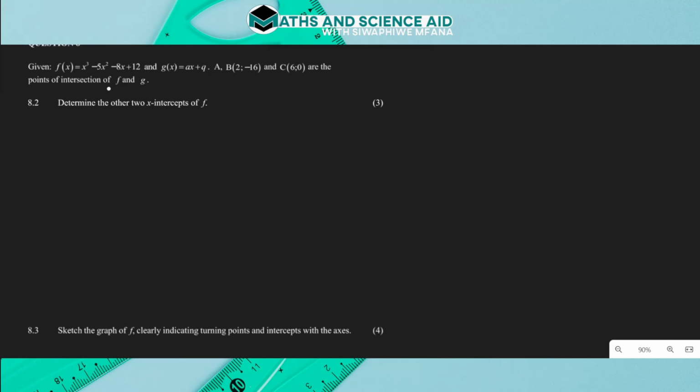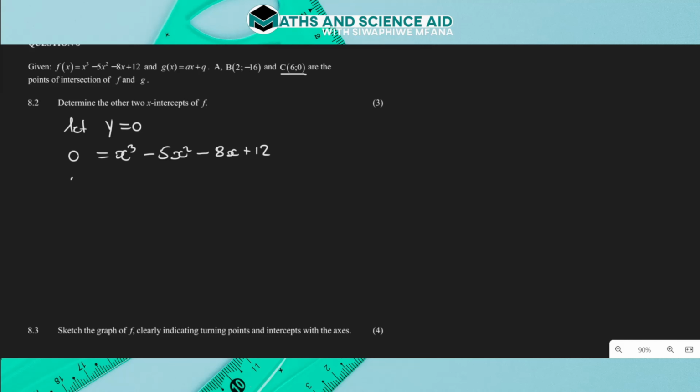Now, in 8.2, we need to determine the other two x-intercepts of f. Well, that's because they have given us one of the x-intercepts. If you check here, the point C, the y value is 0, therefore 6 is the x-intercept. So lucky for us, we can use that as our reference. So this means that if we let y equal to 0 for f, we will have 0 is equal to x to the power of 3 minus 5x squared minus 8x plus 12.